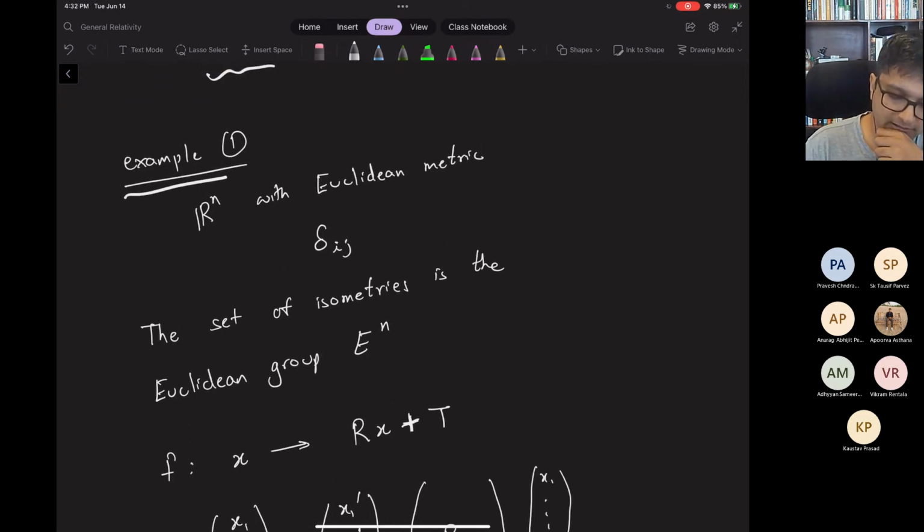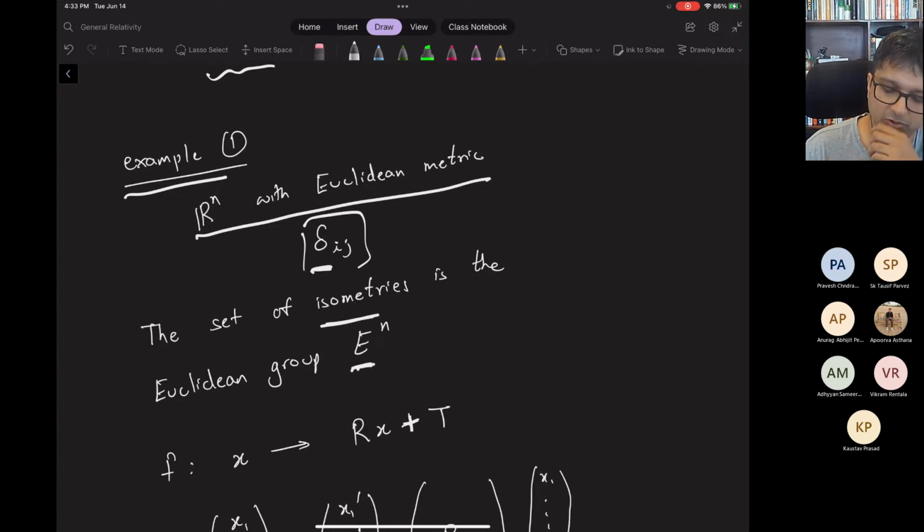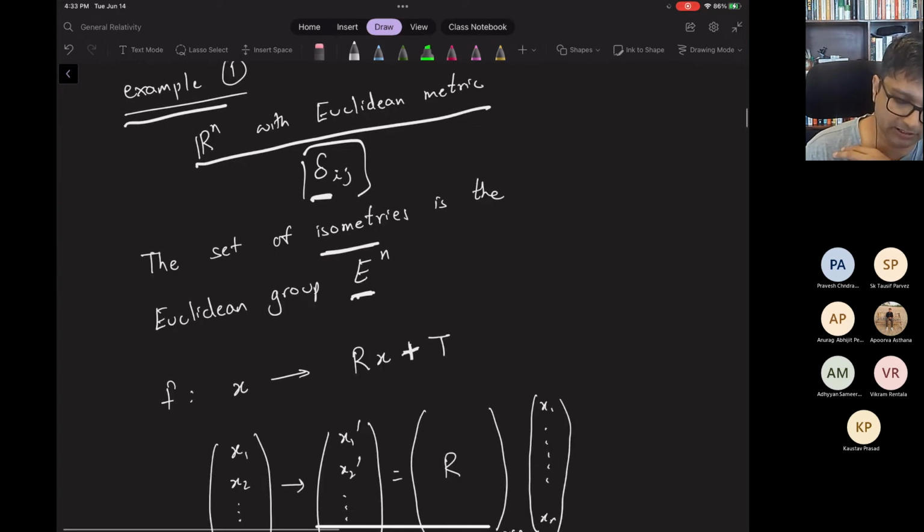So let's take an example of Rn with Euclidean metric, that is delta ij. The first thing is the set of isometries of this space, of Rn with this Euclidean metric, is the Euclidean group En. So what is the Euclidean group En?